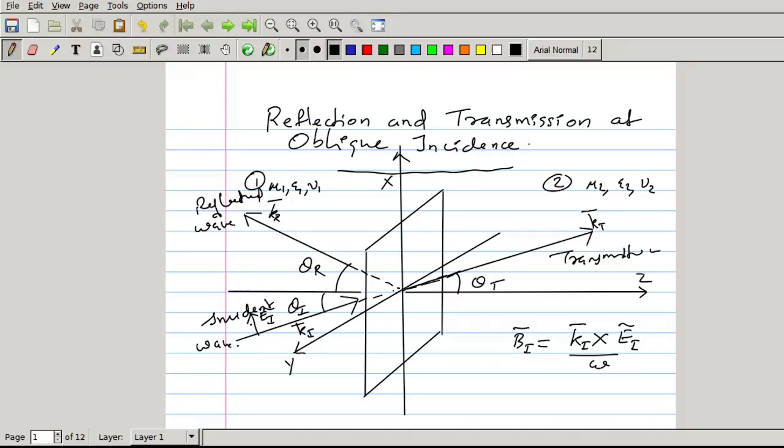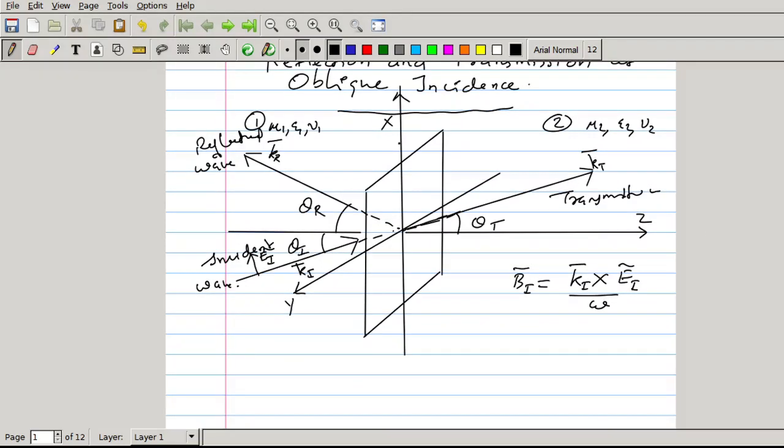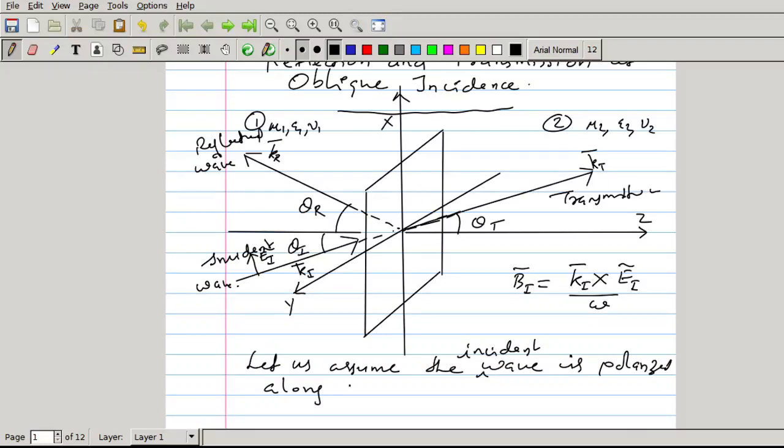So perpendicular to this k and E, I am taking the polarization along this plane. In this plane, this is z and this direction is x, so the plane of this paper is the xz plane. So let us assume the incident wave is polarized along the xz plane.